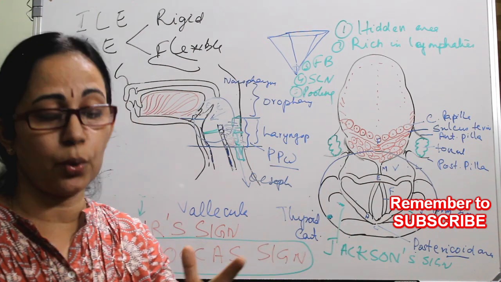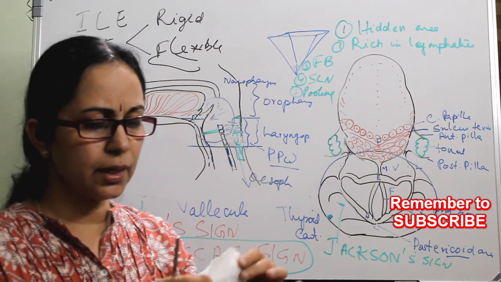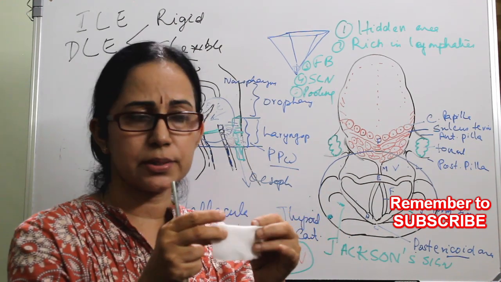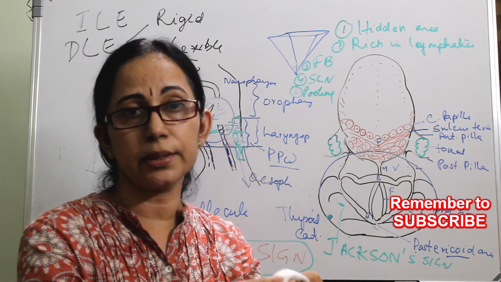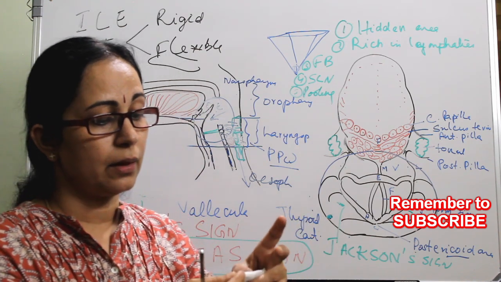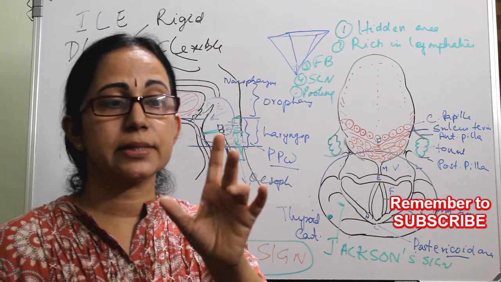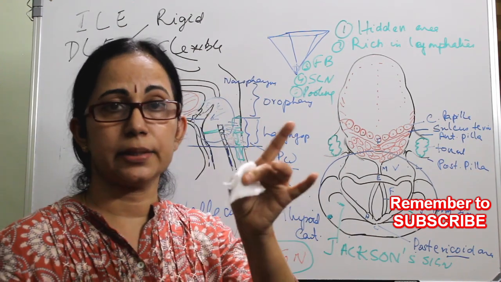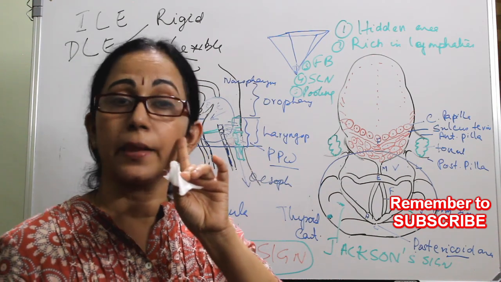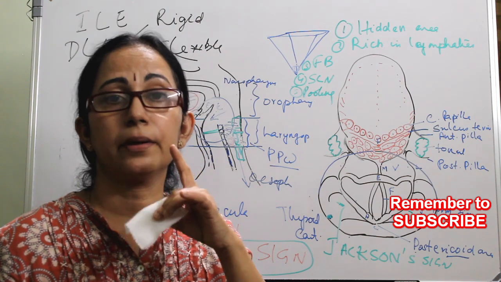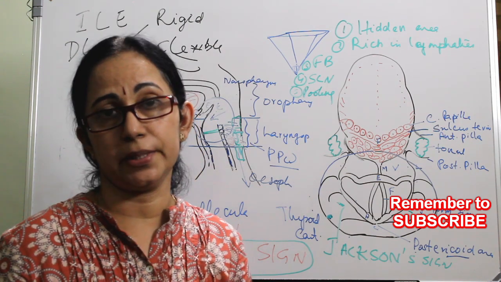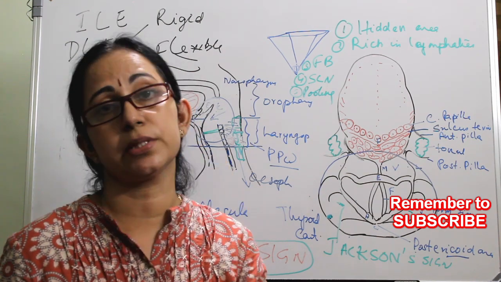And ask the patient to open the mouth and, using a gauze, ask the patient to open and protrude the tongue, and you hold the tongue of the patient with your thumb and your middle finger like this, and the index finger should be on the upper lip or on the upper teeth of the patient so that the patient will not close his mouth.